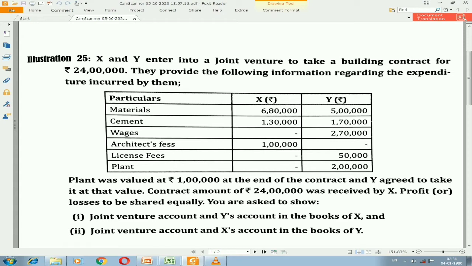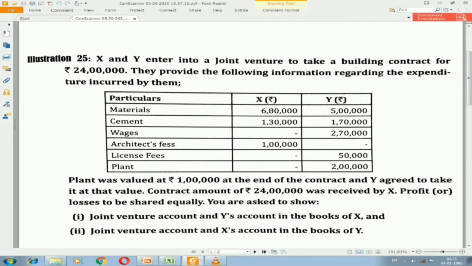Plant was valued at rupees 1 lakh at the end of the contract, and Y agreed to take it at that value. The contract amount of rupees 24 lakhs was received by X. Profits or losses are to be shared equally. You are asked to show the joint venture account and Y's account in the books of X, and the joint venture account and X's account in the books of Y.